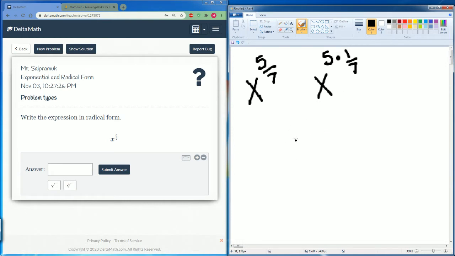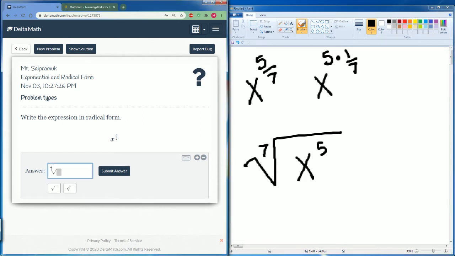So what you can do now is write this as radical x to the 5th, and the 1 over 7, this is where the 7 would go. Okay? So what you're dividing by is what is in the radical. So this is to the 7th, and this is x to the 5th.